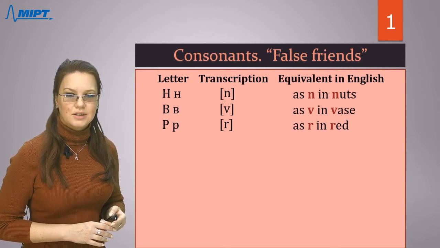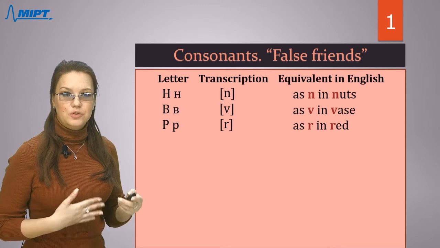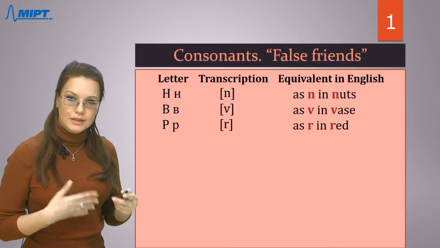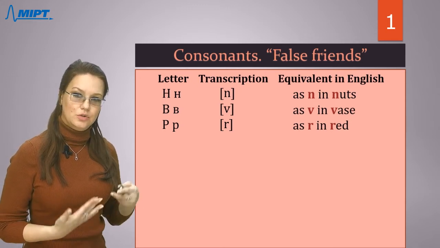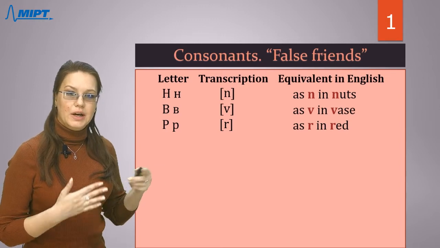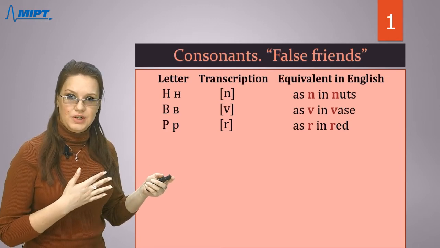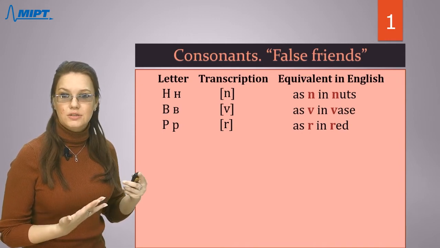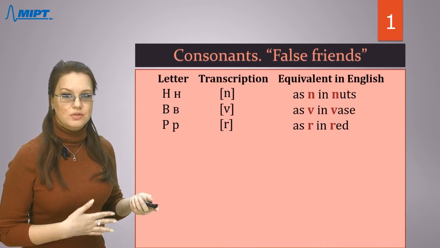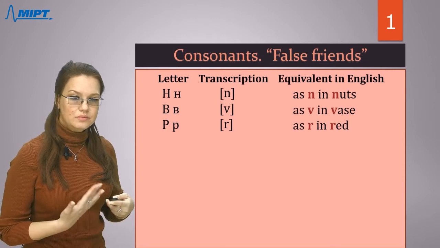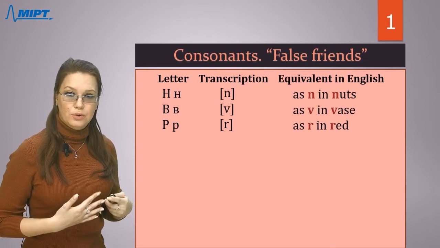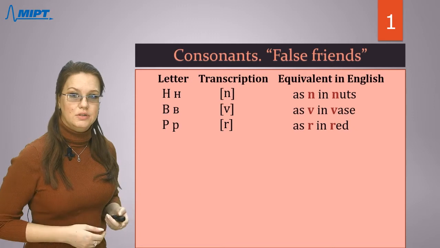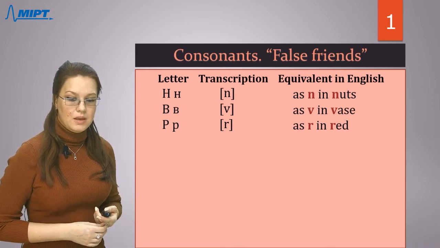The more you speak, the more you listen to some examples, at least listen to me when I'm reading new words or phrases, the easier you will understand the difference between English and Russian sounds, and the easier you can learn new letters and new sounds.